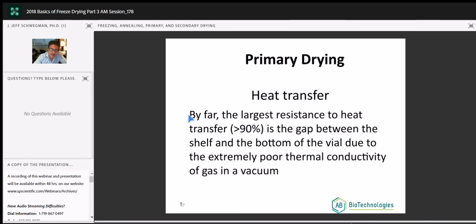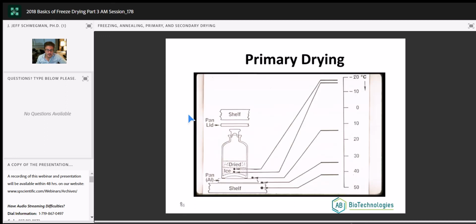So by far in freeze drying, heat transfer is the largest resistance in the freeze drying process. And a lot of it's due to that gap between the bottom of the vial and the shelf. And you'll notice here, if we go back to this diagram, this temperature here, at the bottom of the vial, about plus 32, getting into the vial or up to the sublimation front, negative 20.